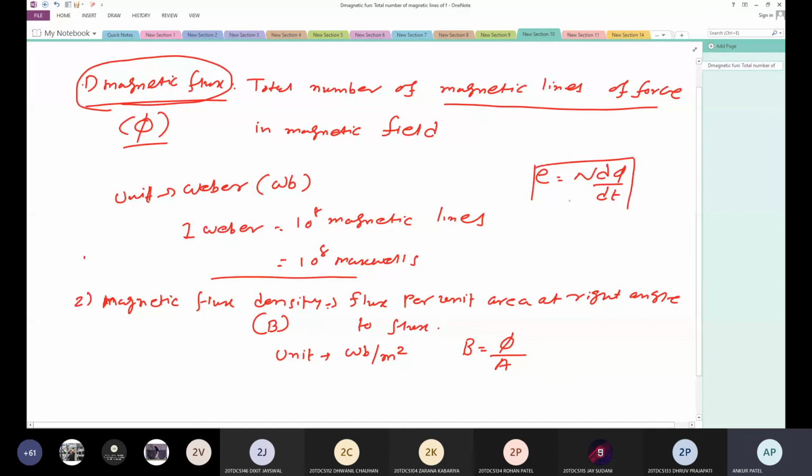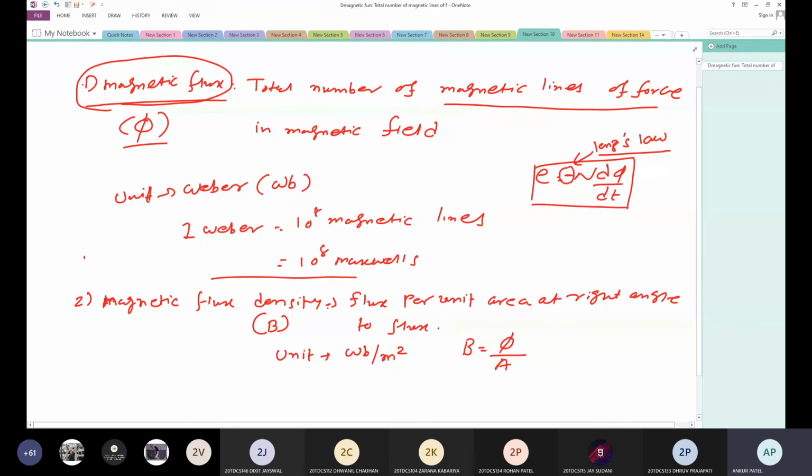So that is given by Faraday's law, but usually in practice we refer to this as e = -N dφ/dt. That is according to Lenz's law. So we will see in the next lecture what Faraday's law is, what Lenz's law is, and how this minus sign comes here.